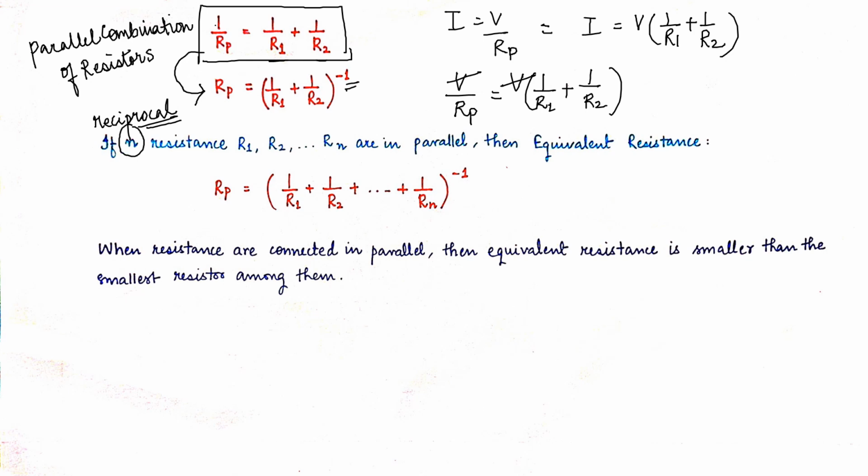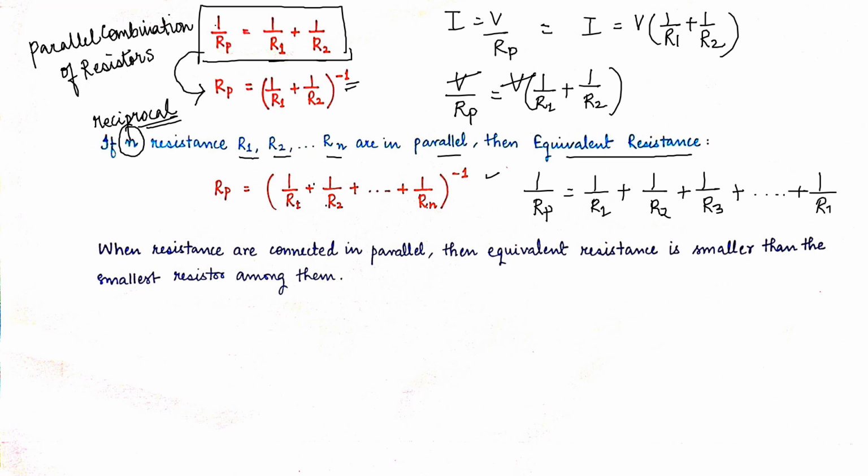If n number of resistances are combined parallelly with each other, then the equivalent resistance can be given as Rp equals (1 upon R1 plus 1 upon R2 plus ... plus 1 upon Rn) to the power minus 1, or this can be written as 1 upon Rp equals 1 upon R1 plus 1 upon R2 plus 1 upon R3 plus ... up to the nth resistor.